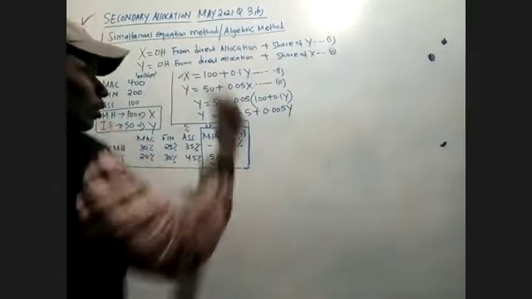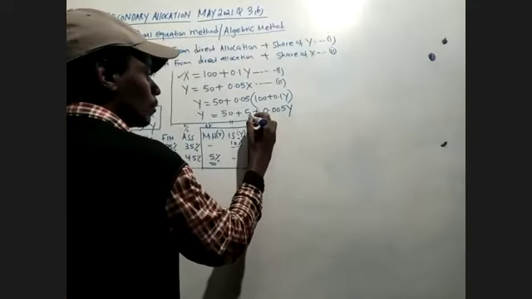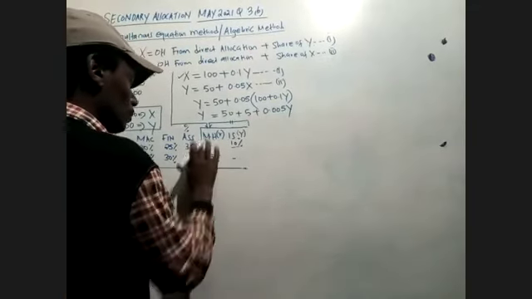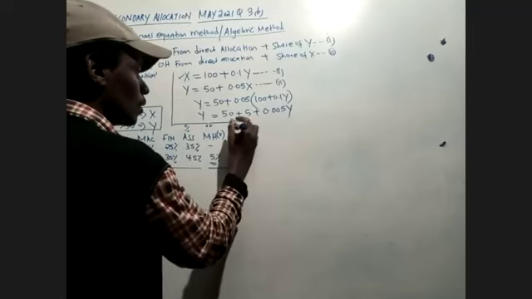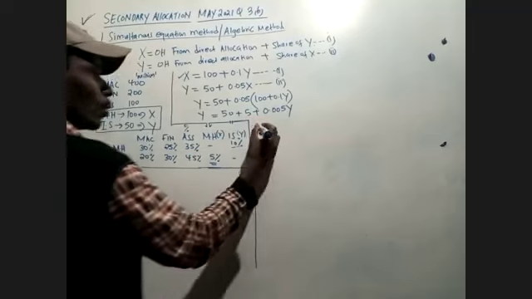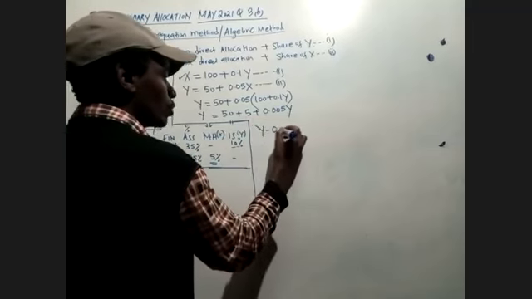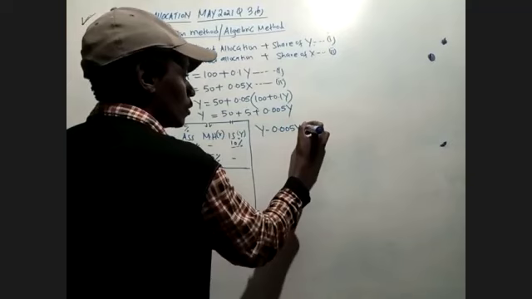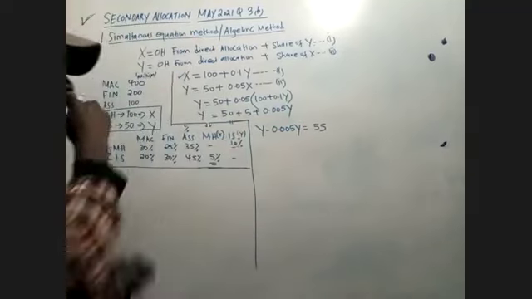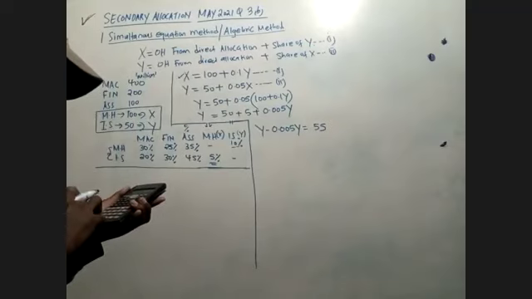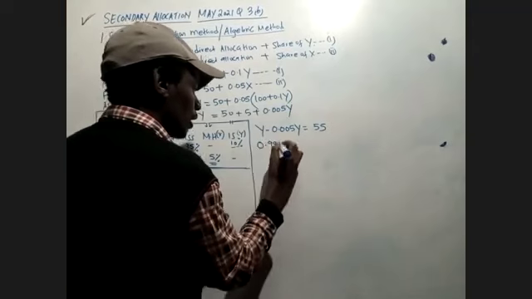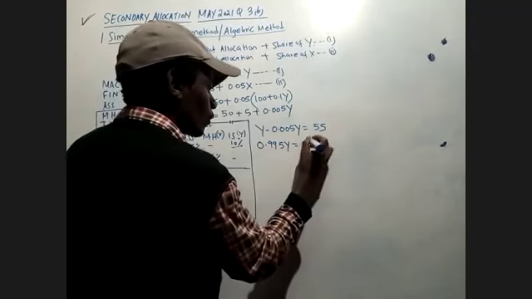So hii kuja huko, inakaa hivyo. Tuseme y minus 0.005 y is equal to 55. So 50 plus 5 is 55. So 1 minus 0.005, that is 0.995 y is equal to 55.